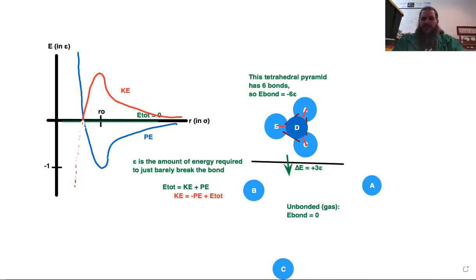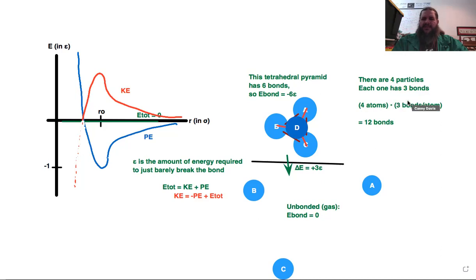So 4 times 3 would be 12 bonds. Does that match the number of bonds we counted? When we counted them, we had 1, 2, 3, 4, 5, 6.